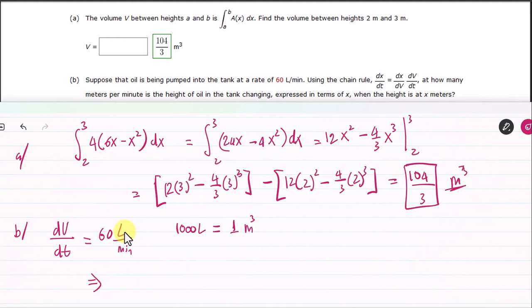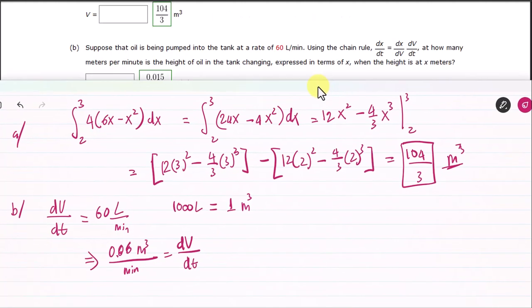So 60 divided by 1,000 will be 0.06 cubic meters per minute. So that is your dV/dt, the rate of change of the volume.